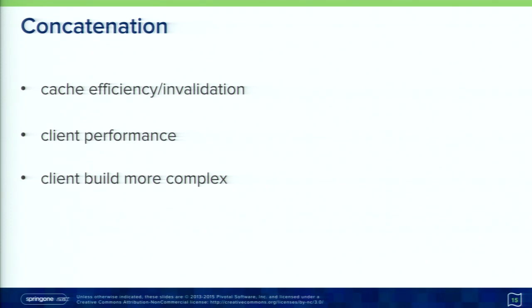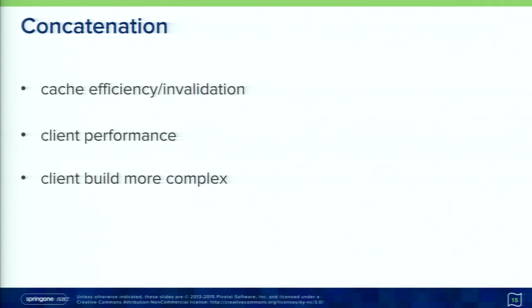Same thing with concatenation. Whenever we are merging files into one, we are hurting the cache efficiency, and cache invalidation is also really bad, because whenever we're trying to change something small in one file, the client has to re-download the whole concatenated file. So you're changing one bit, you have to re-download the whole thing.